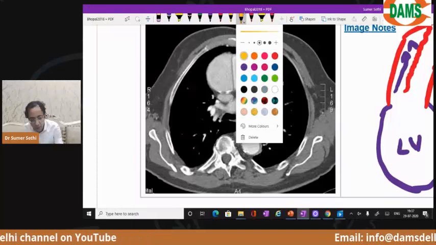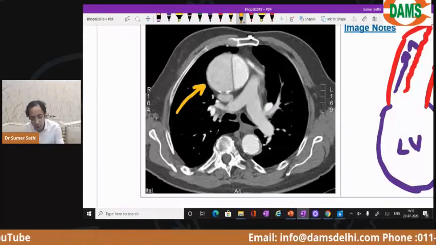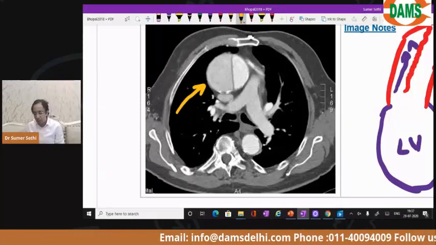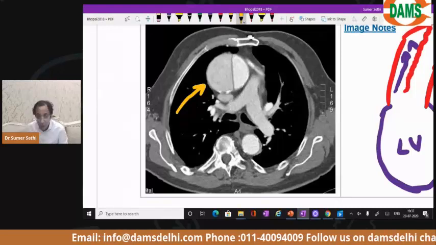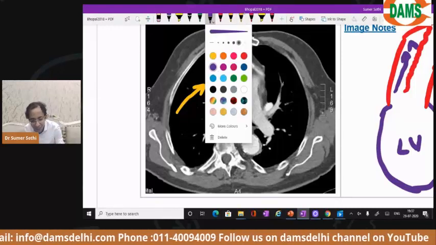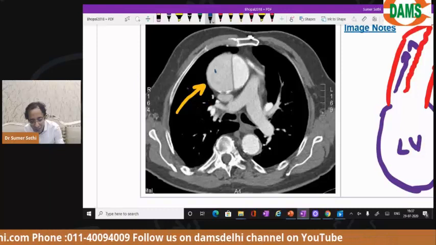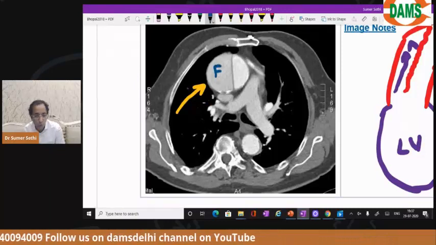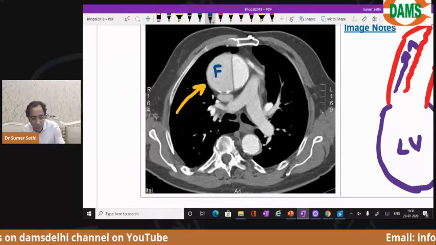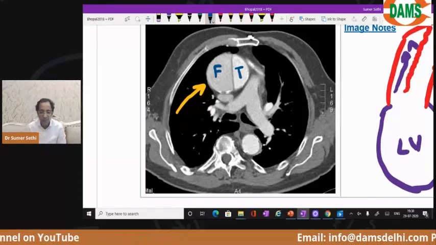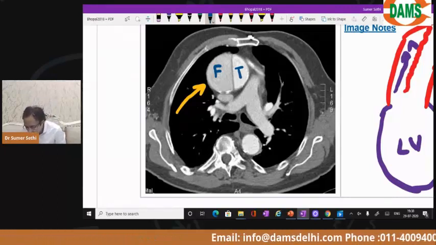Let's try. Do you see in the ascending aorta in this patient, you can see two lumens. Can you see the larger outer one is the false lumen, then you see the intima, and the actual lumen is this. Are you clear?